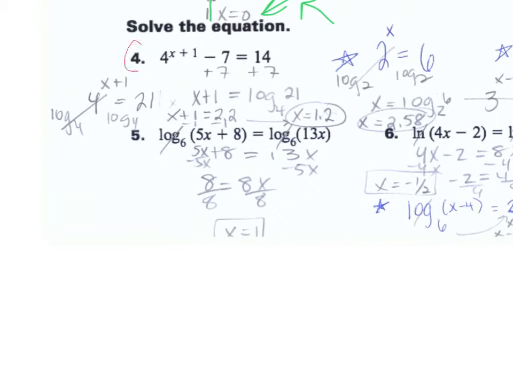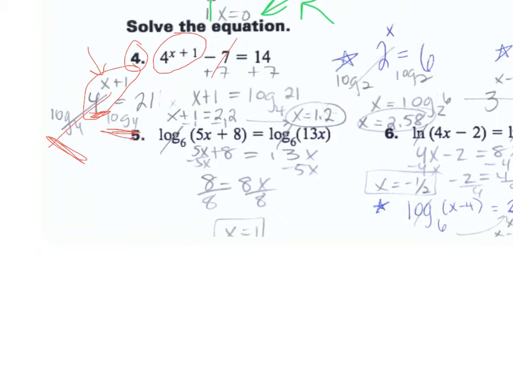Okay, so for number 4, you first need to isolate the base 4 raised to the x plus 1. So we first add 7, so we get 21 on the right, so right here. So then we look on the side that the variable is on, and we need to get rid of this base 4. So we need log base 4 on both sides.